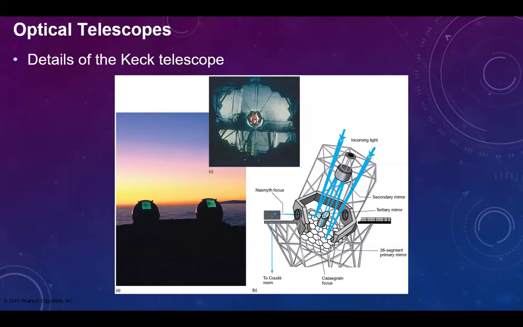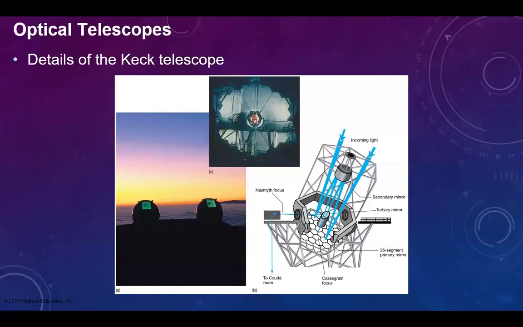That's fairly common these days. Mirrors are getting so large they don't want to make them as one piece because they're just too big and awkward. And you have to move them to the telescope. Telescopes are usually in quite remote, inaccessible areas. And the places we make mirrors are not near them.